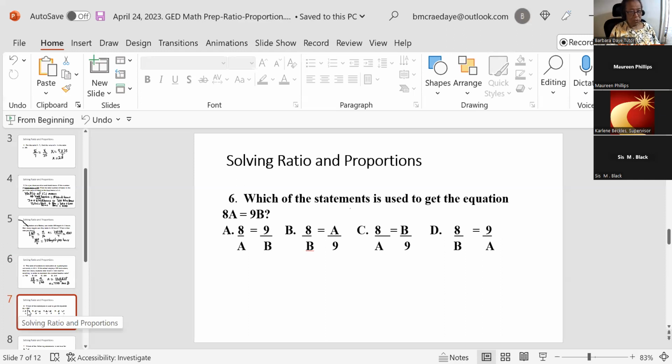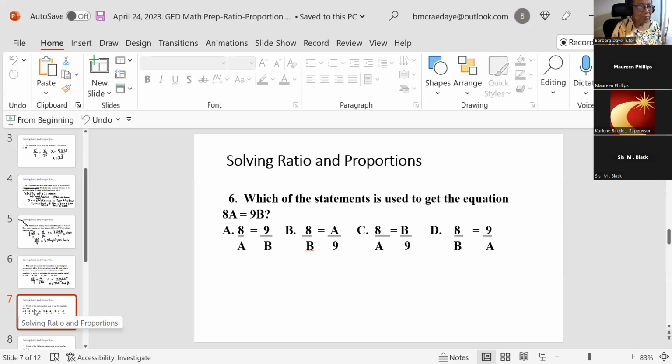And proportions, you do what, Maureen? You cross multiply, right? So, Mercedes, look at these proportions, and when you cross multiply, which one will give you 8a equals 9b? Now remember, 8a means 8 times a, 9b means 9 times b.